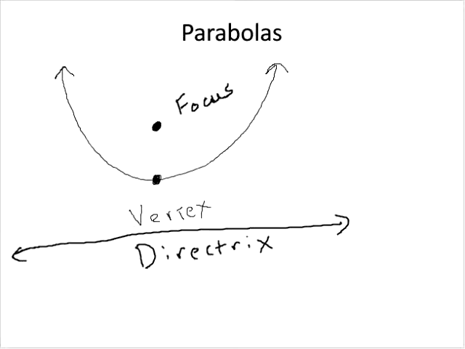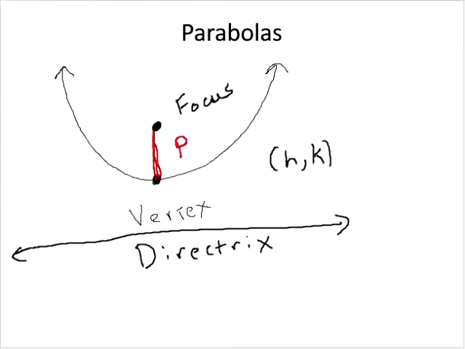We're also going to be defining a couple of other numbers, so you'll know the vertex is going to be at the point (h, k). The distance from the vertex out to the focus, right there, is going to be known by the letter p.